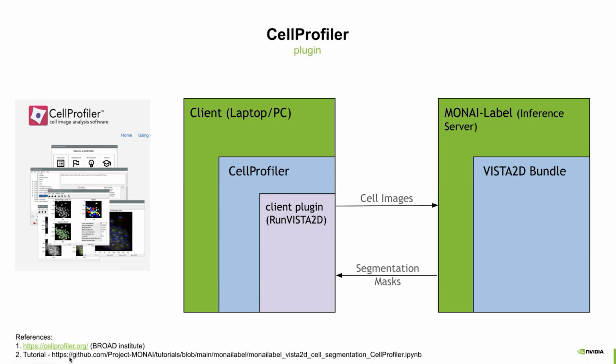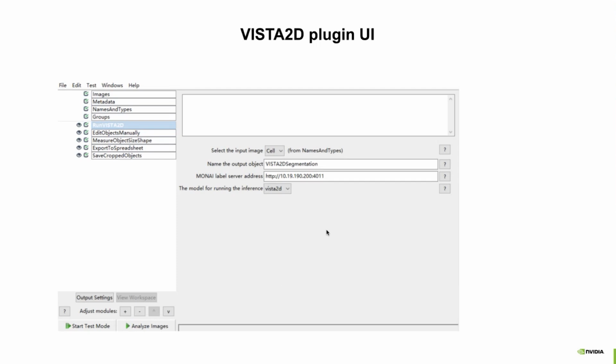There is a tutorial on how to do it in detail, but in a nutshell, you have to run MONAI Label inference server on the same computer or on a remote machine. You would load the VISTA-2D bundle, and then from CellProfiler on your laptop, you would enable this plugin and communicate as client-server, sending images and receiving segmentation results.